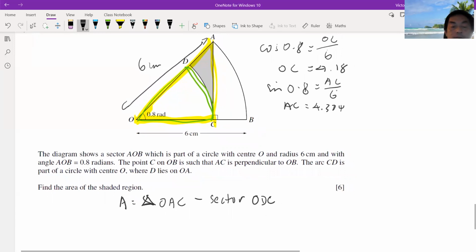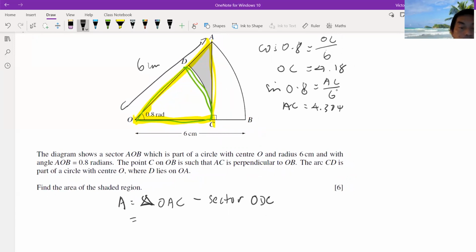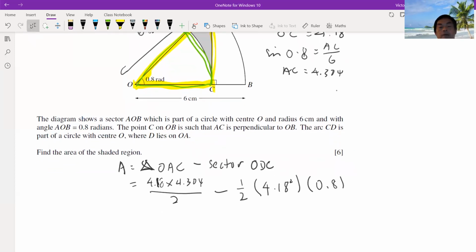Okay. So you have base 4.18 times 4.304 over 2, which is the area of the triangle, minus the sector, 4.18 squared times angle 0.8.